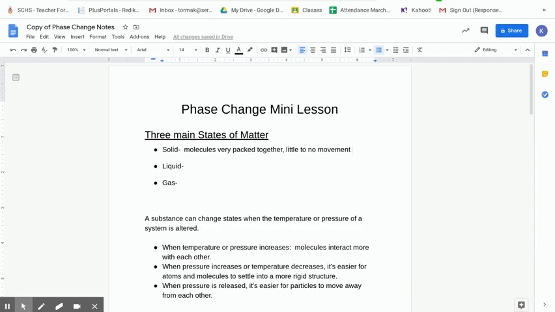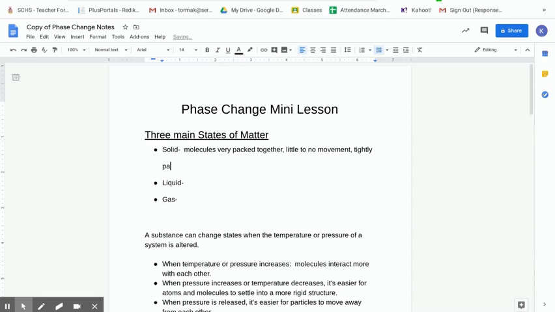So in the solid phase, you can say that the molecules will take the shape of that solid and they are very packed together, tightly packed, and they don't move.